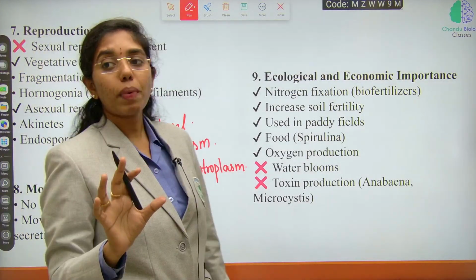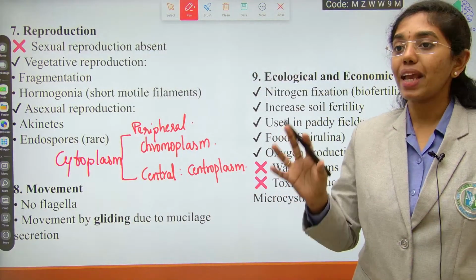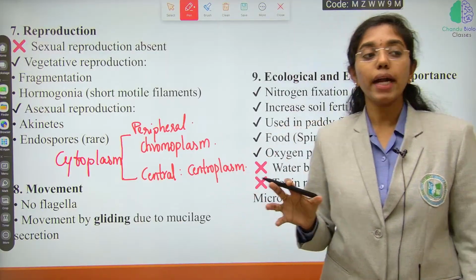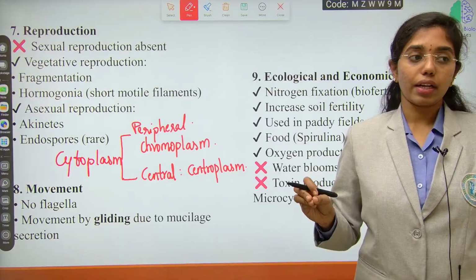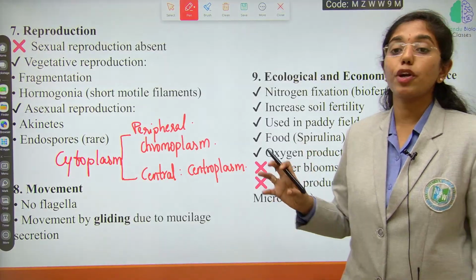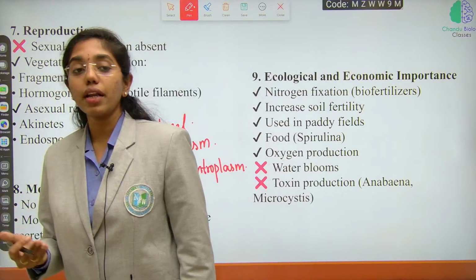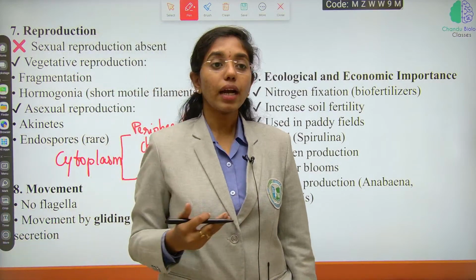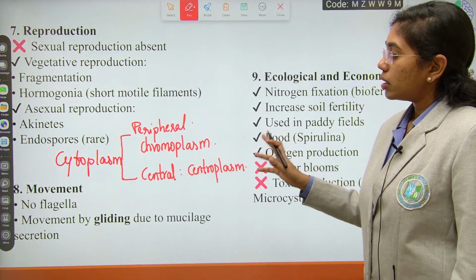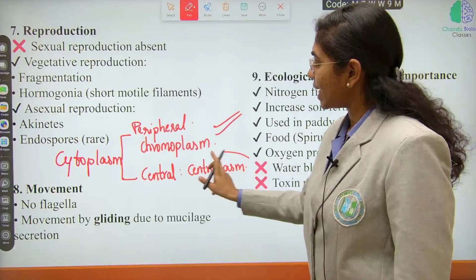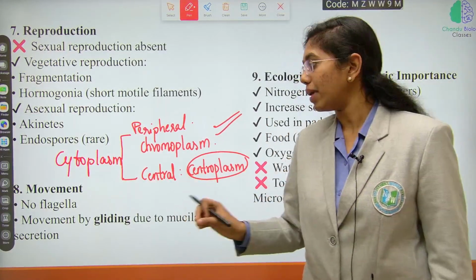Peripheral chromoplasm will have pigments like phycobilins, which majorly consist of phycocyanin and phycoerythrin, which give blue and red colors, and it is also predominant with chlorophyll A. Chlorophyll A will give it green color and it will conduct photosynthesis. Central centroplasm will have the cellular constituents to run the metabolism.